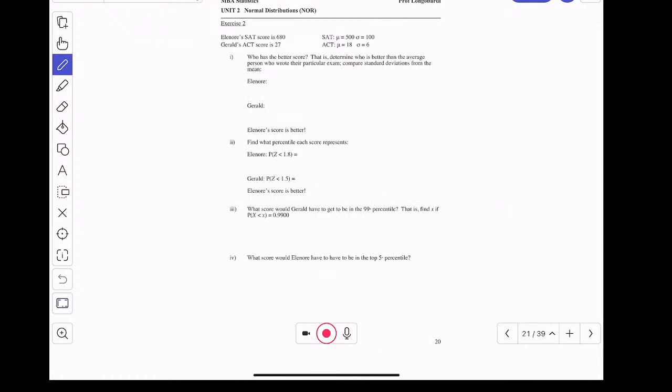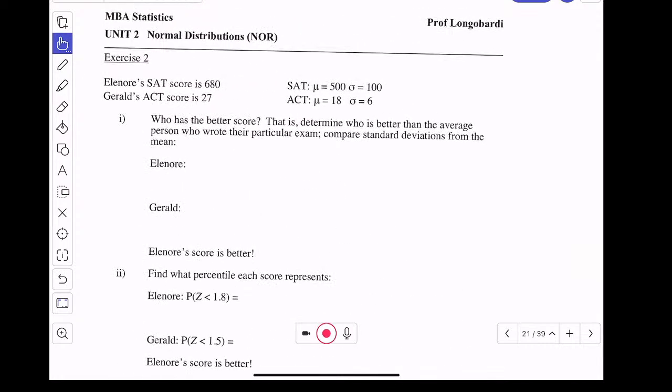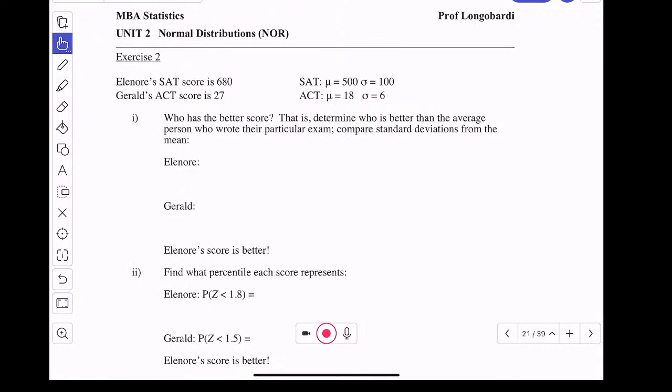All right, so here's another problem. Here's another example. I want to compare two students. One that took the SAT and the other one that took the ACT as their college admissions exam.